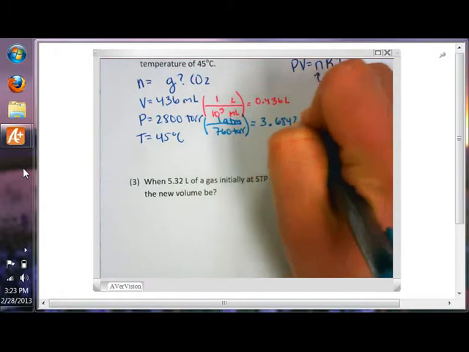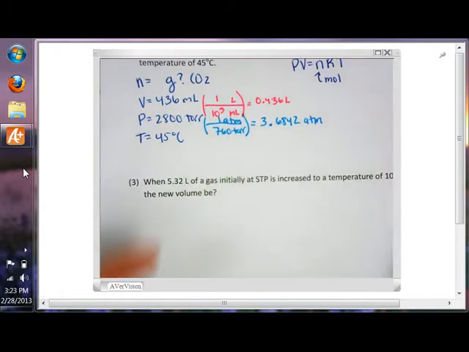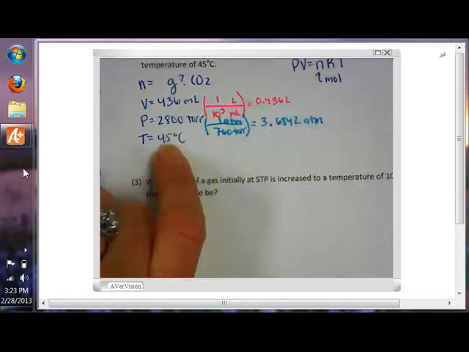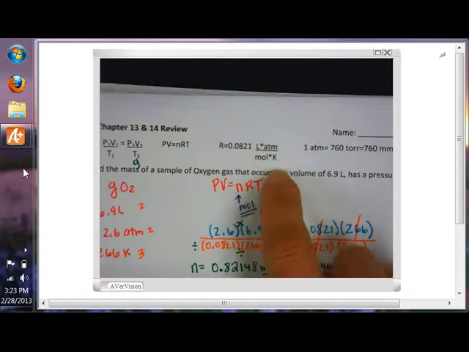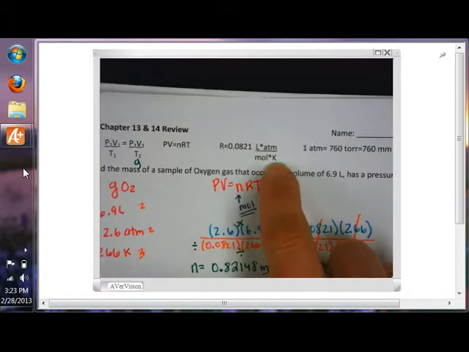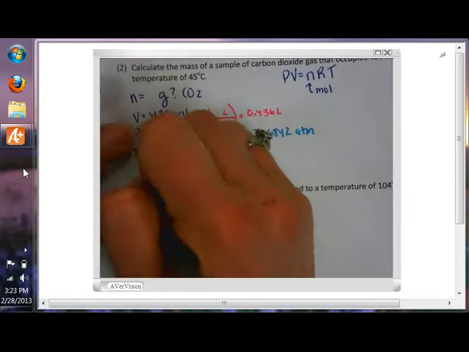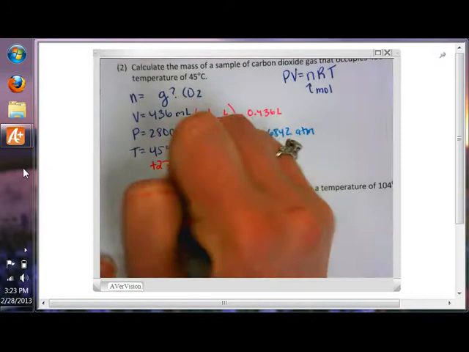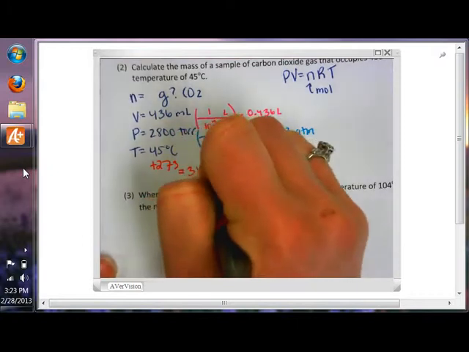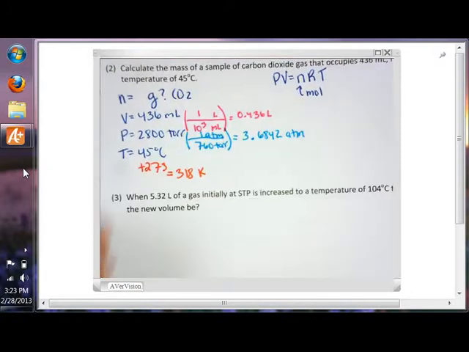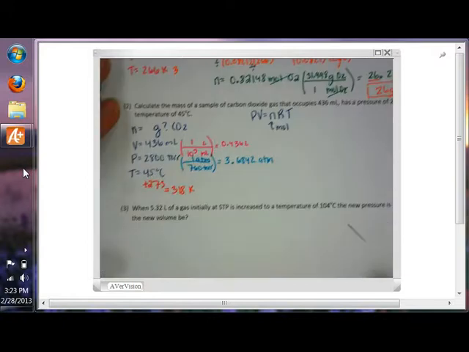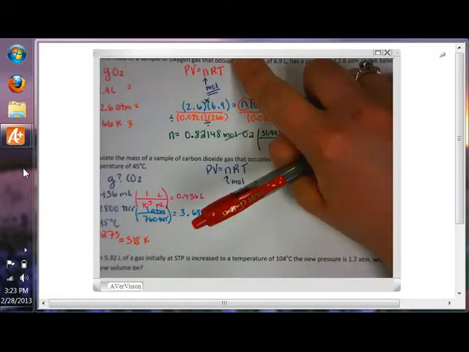And there's degrees Celsius here, and I see that I have to be in Kelvin. So I'm going to convert that to Kelvin. All I need to do is add 273, and that gives me 318 Kelvin. So now all of my units match up with this R constant up here. I'm in liters, I'm in atm, and I'm in Kelvin.